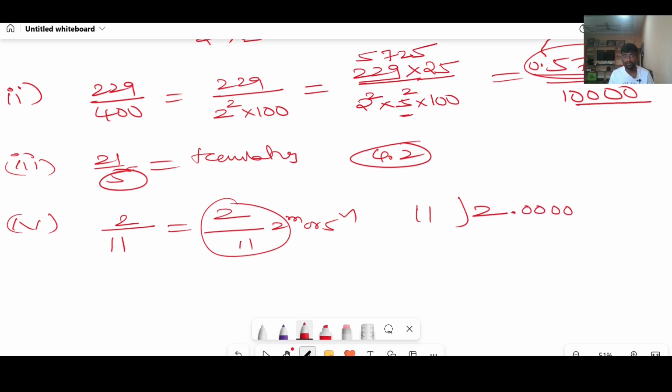2.0000. 2 is not sufficient to divide by 11. I am taking 2 digits here. I will enter into the decimal part. 11 ones are 11, and again 9 is the remainder.